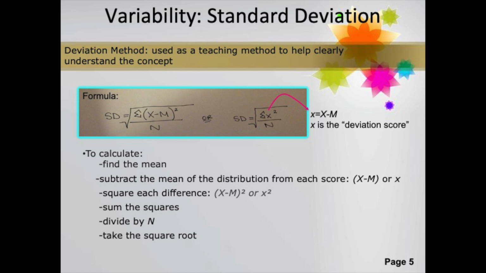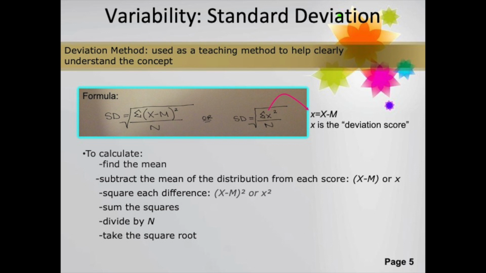So to calculate your standard deviation using the deviation method, you're first going to find the mean, and then you're going to subtract the mean of the distribution from each score. And that's going to give you that lowercase x, that deviation score, that looks at each person that took the quiz, how far away from the mean of the quiz was each person.